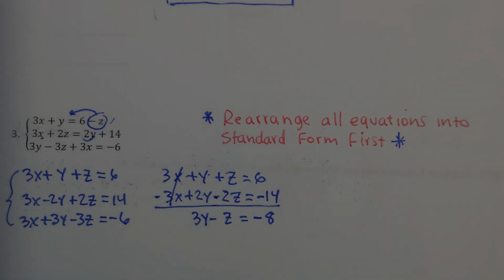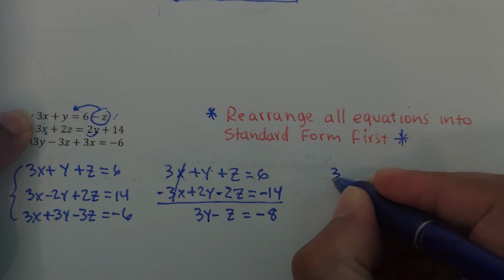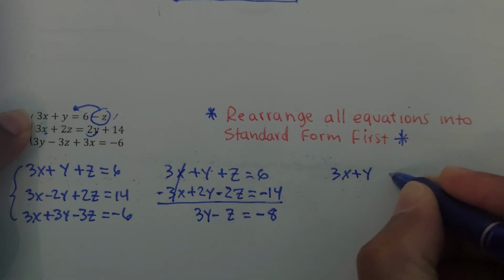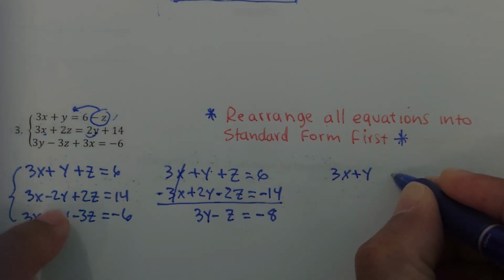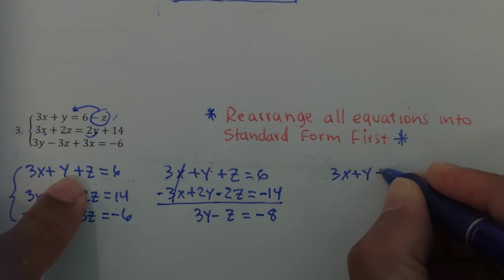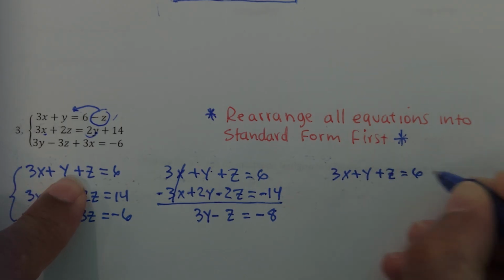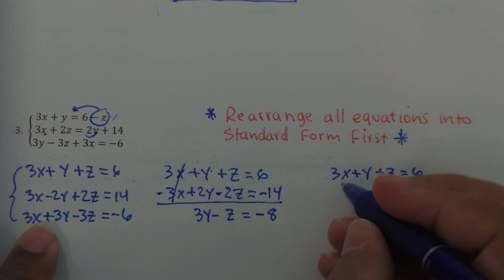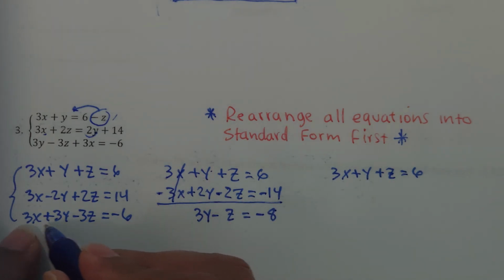Okay, so then what I'm going to do next is take, again, the first equation, 3x plus y plus z equals 6, and then take the third equation. Notice I'm going to multiply this one by a negative 1.